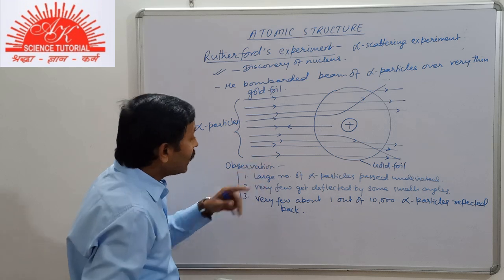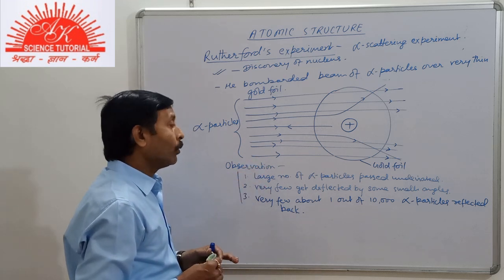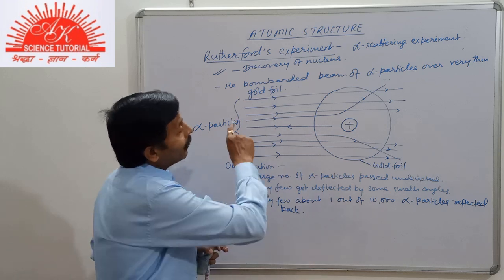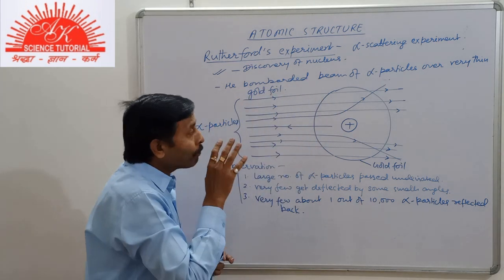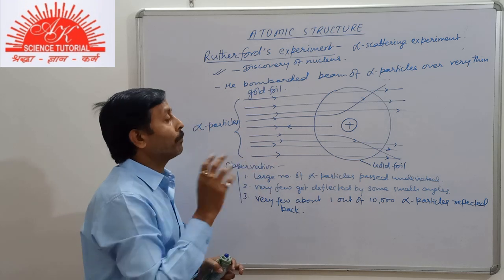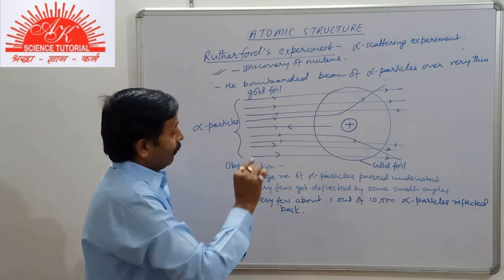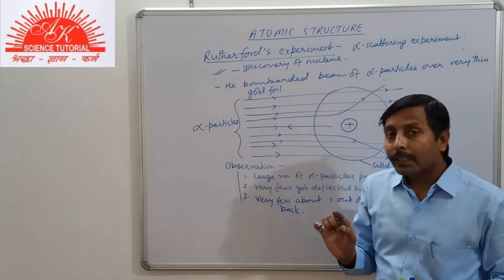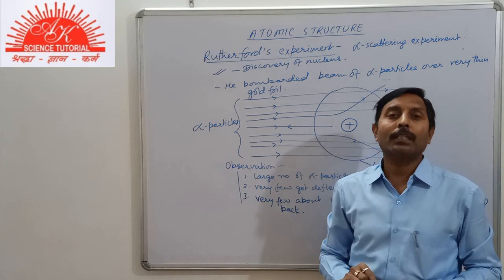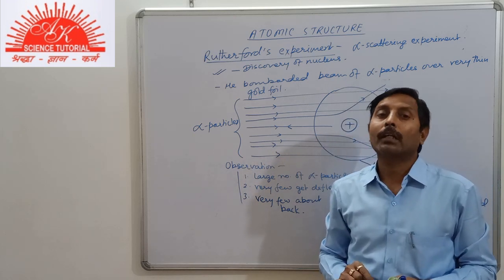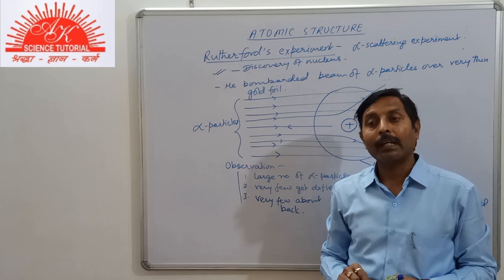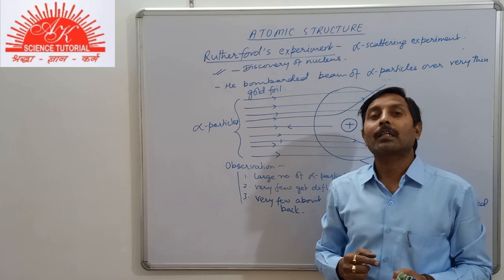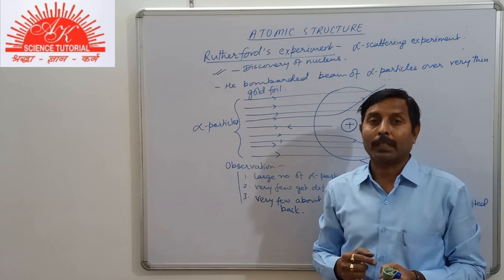Now, studying it, he concluded, what was its conclusion? That a large space in an atom is empty. Total positive charge and mass of the atom is concentrated in a very small space at the center of the atom, called the nucleus, and electrons revolve around the nucleus in circular paths called orbits.